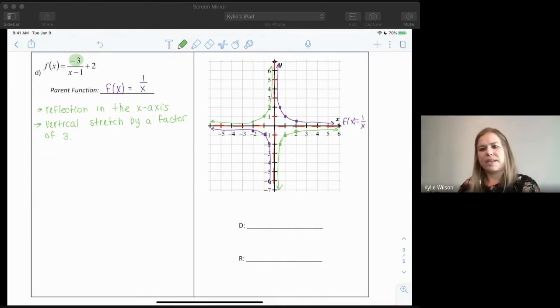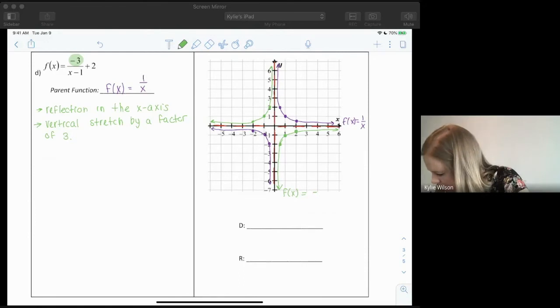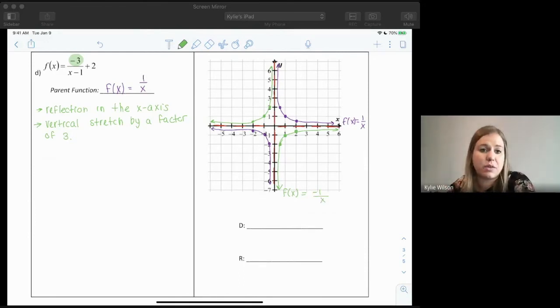There we go. So there's our first one, y equals negative 1 over x.